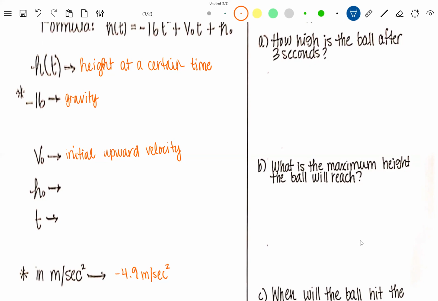That's the initial upward velocity. h of 0 is the starting height. And that's why it's got this 0 here, because that's the time is 0. So that's why it's the starting height. And that's why this is 0, because that's the initial upward velocity. t is time in seconds.